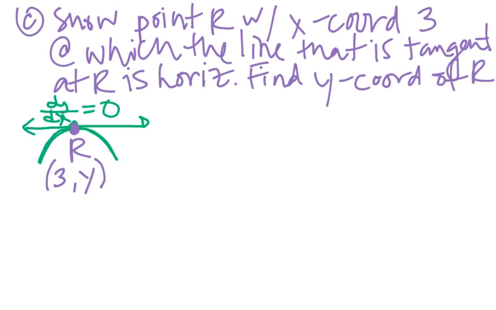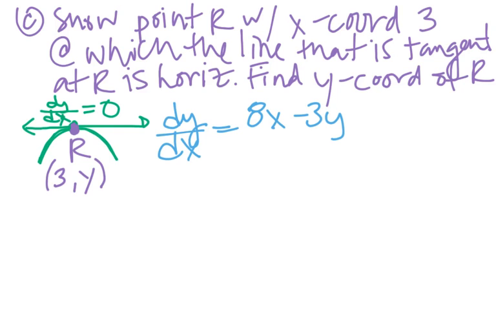Okay, so it asked me to find the y coordinate. In order to do that, I'm going to have to use what I know about the derivative. So I know from the previous part of the problem, dy/dx is equal to (8x minus 3y) over (3x minus 2y). We know for this specific point here at R that the dy/dx value, the derivative, the slope, is 0.